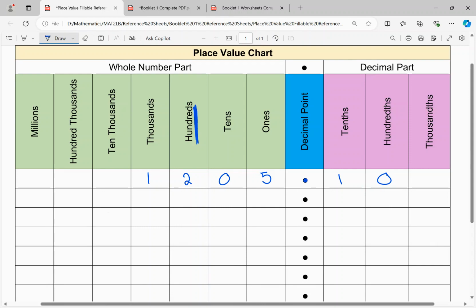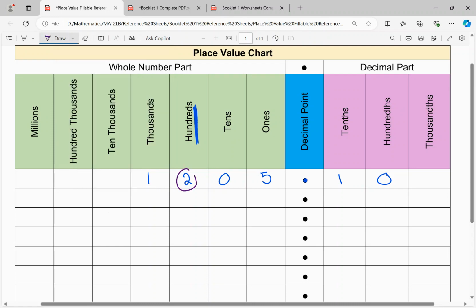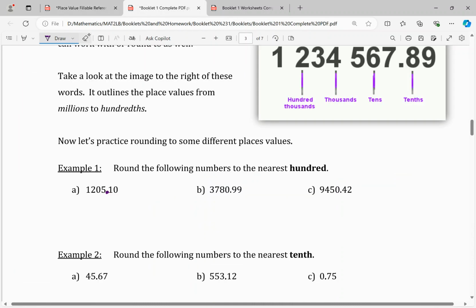So that means that it is the 2 that is in our hundreds place. The 2 is what we are rounding. So going back to our booklet, we now know that we're rounding the 2.